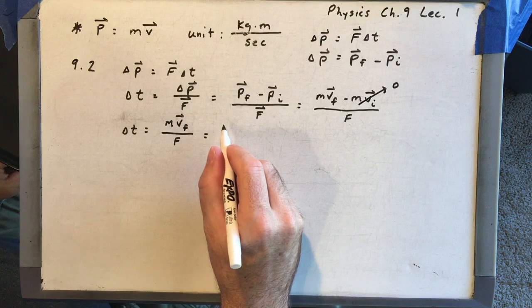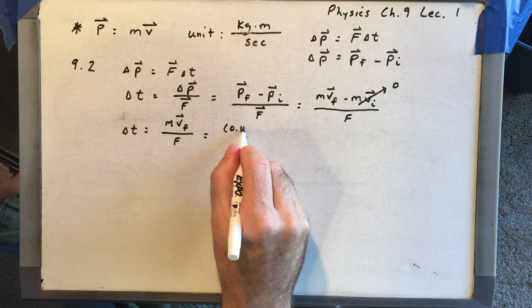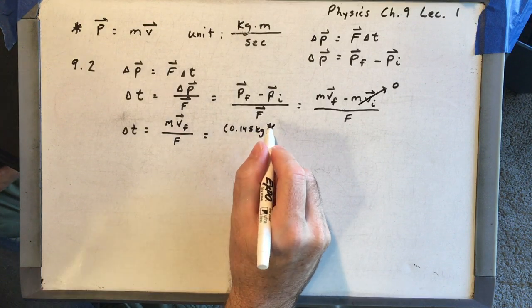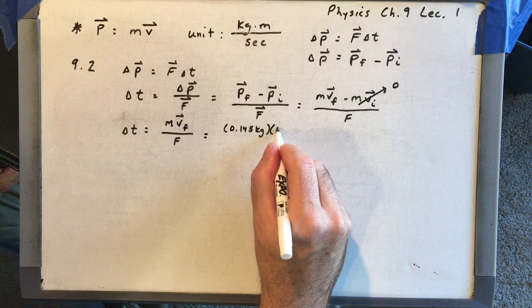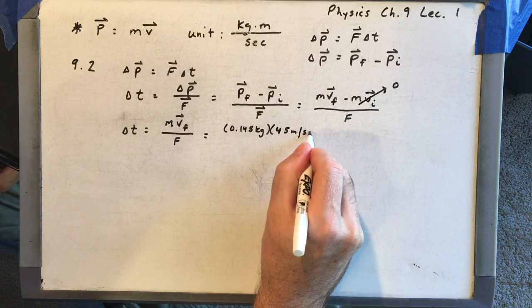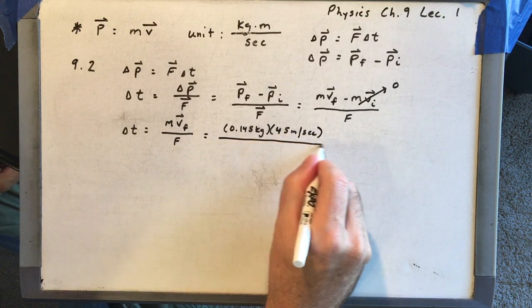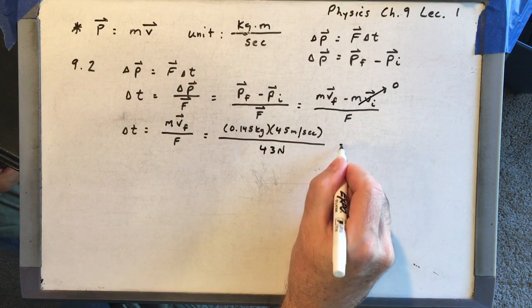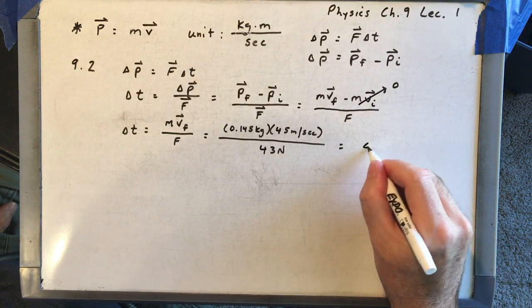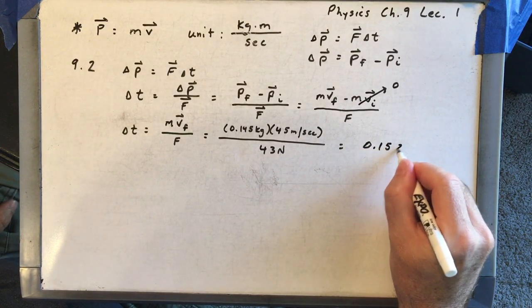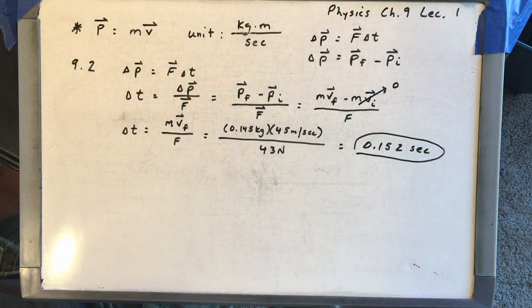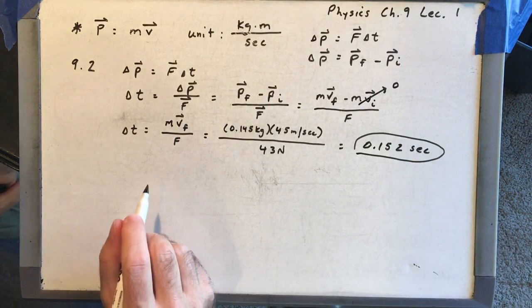Now we've got 0.145 kilograms, final velocity of this thing is 45 meters a second, and the force, which would be the hardest thing to know in this problem, is 43 newtons. So that's 0.152 seconds. You wouldn't expect the baseball to be in the pitching machine for very long, so that kind of makes sense.